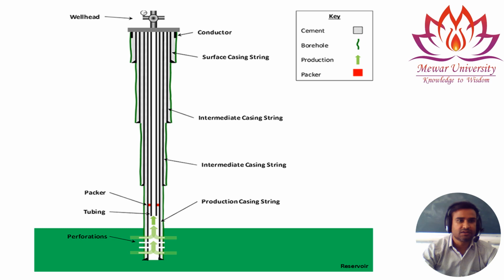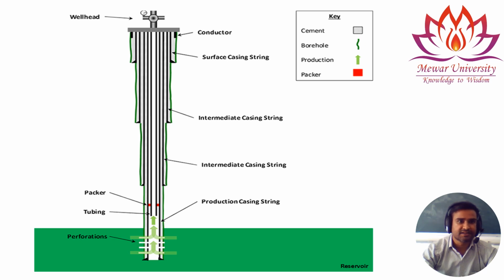Outside it we have the conductor casing. This casing is used to isolate the formations so that the soil or formation does not fall into the borehole, or the hole does not collapse.